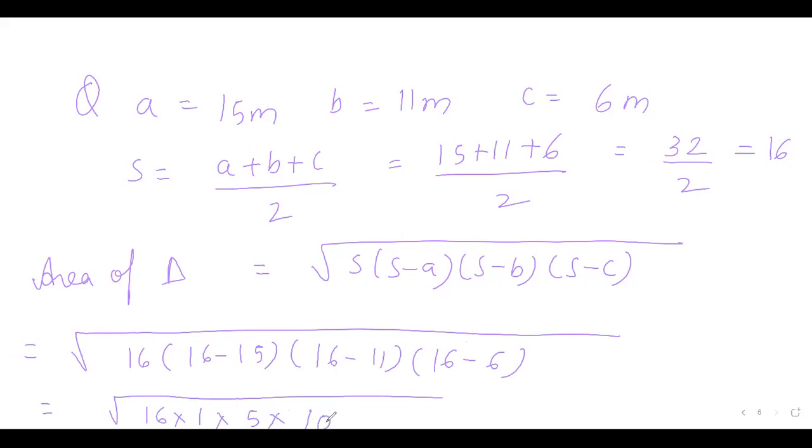Let's proceed further. 16 I can write as 4 into 4. 1 multiplied by any number gives the same number, so there is no change. 10 I can write as 5 into 2. So I can see the pairs: 4 comes out, 5 comes out, and root 2 will remain.